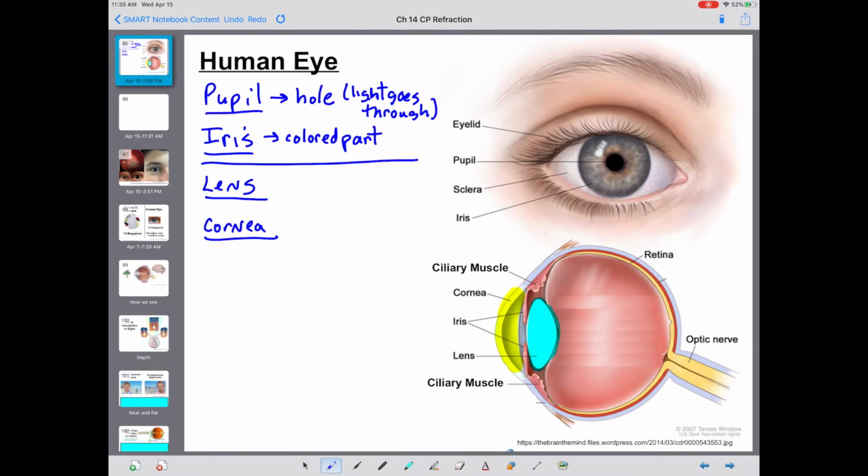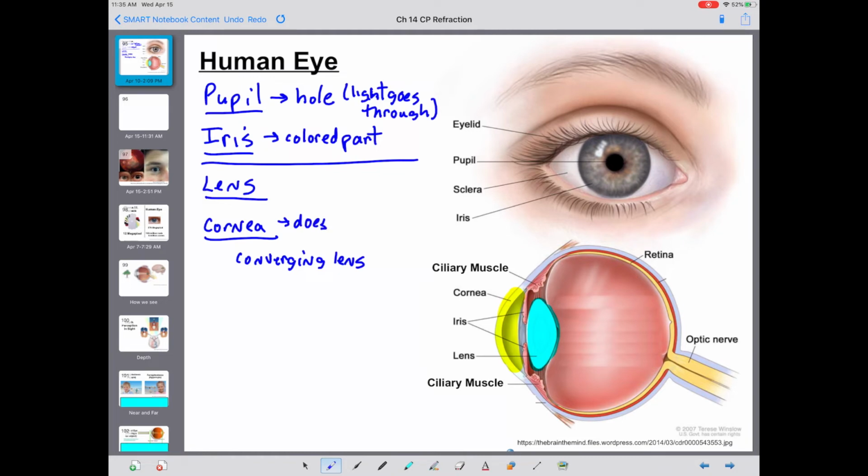Your lens and cornea both have properties to be able to refract the light. If you look at the shape of the cornea and you look at the shape of the lens, they are both in the shape of a converging lens. So both of them take on the role of a converging lens. They both refract the light.